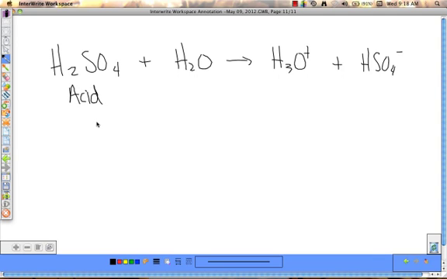It's a strong acid, it donates. Yes, it's donating a proton. And so this makes water our base. It has accepted a proton, when you look at the product form. So which one's our conjugate acid? Hydronium. And our conjugate base is HSO4 minus.